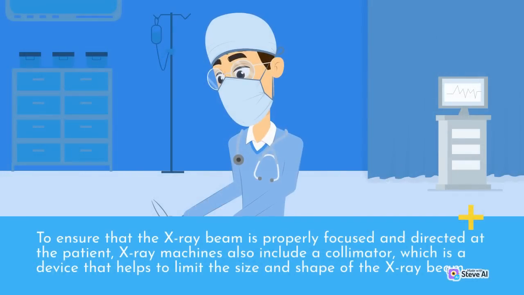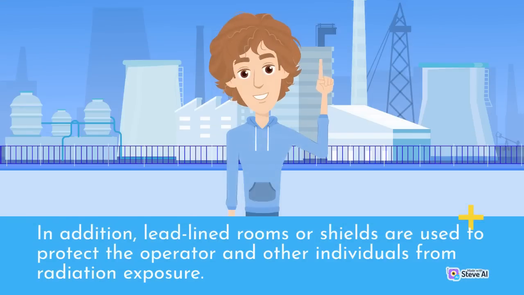To ensure that the X-ray beam is properly focused and directed at the patient, X-ray machines also include a collimator, which is a device that helps to limit the size and shape of the X-ray beam. In addition, lead-lined rooms or shields are used to protect the operator and other individuals from radiation exposure.